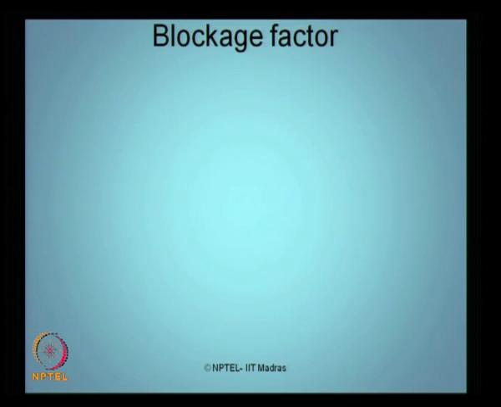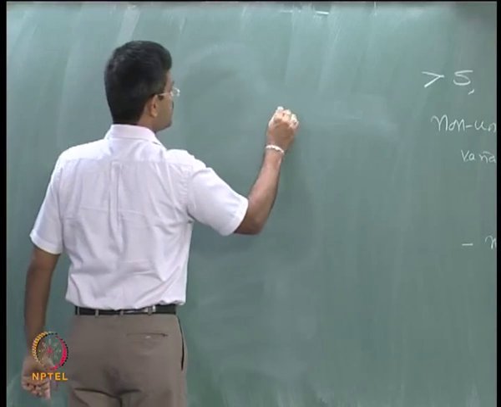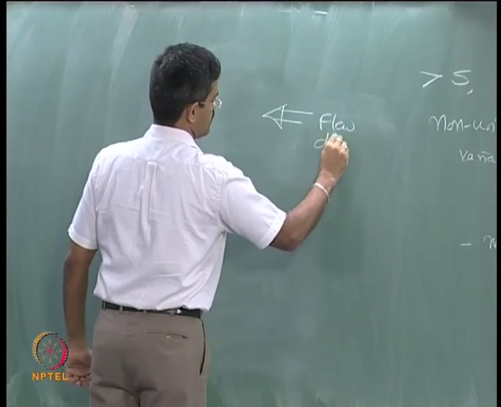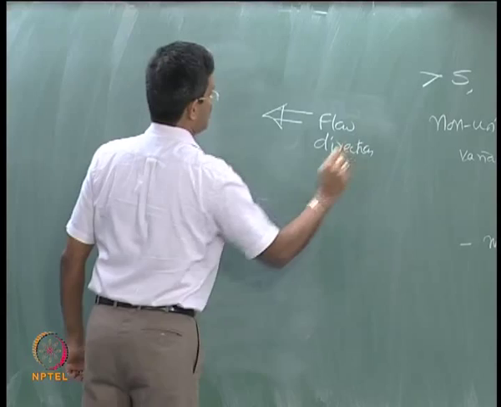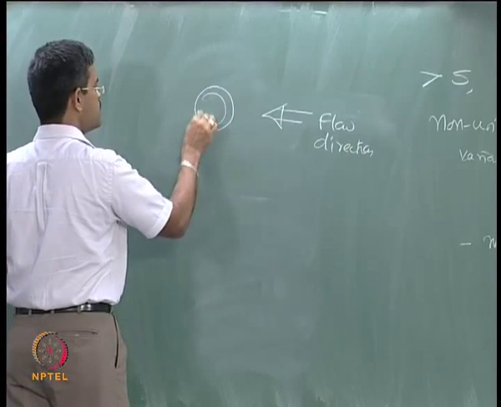So now we talk about cylinders or members which are in groups. When this is my flow direction, instead of one cylinder I talk about a group of cylinders.